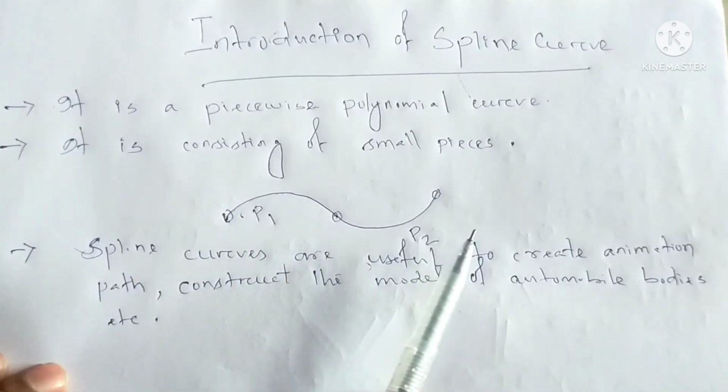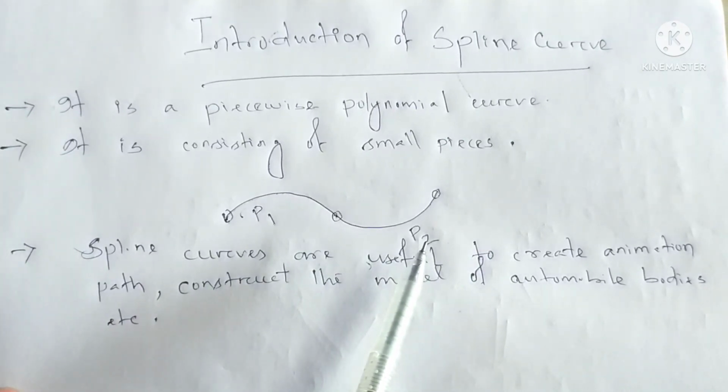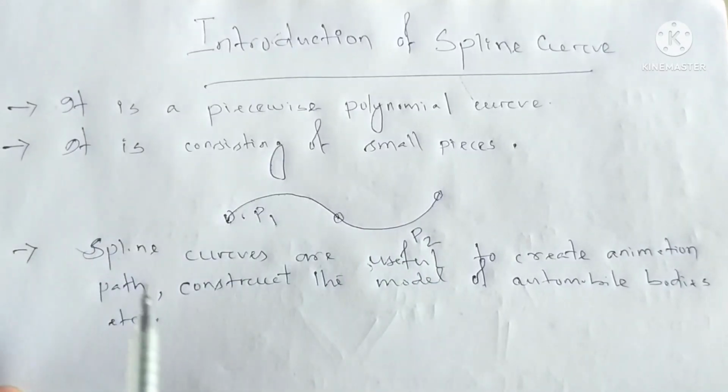In computer graphics, the spline curve is represented by different points. Just here I have explained to you.